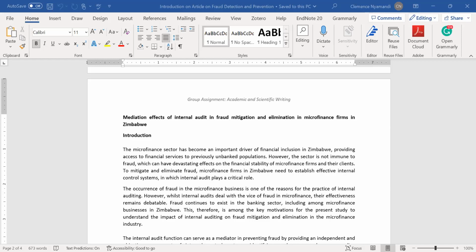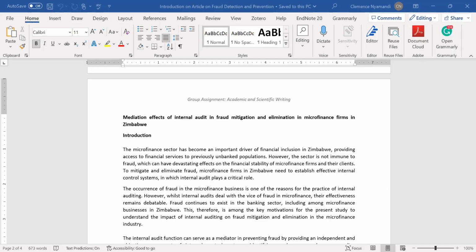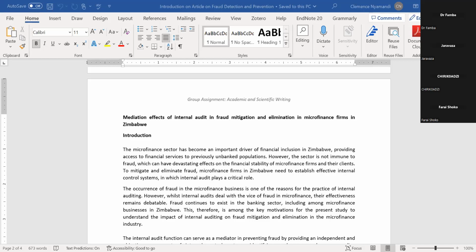They are getting closer to their specific constructs. And that means now we want some literature relating to fraud and internal audit, which may not necessarily be the same with the microfinance sector being an important driver of financial inclusion. Because as that statement stands, it doesn't shout on fraud and internal audit, but the sector as a whole and its impact on financial inclusion in Zimbabwe.